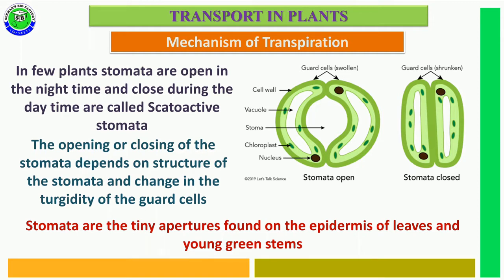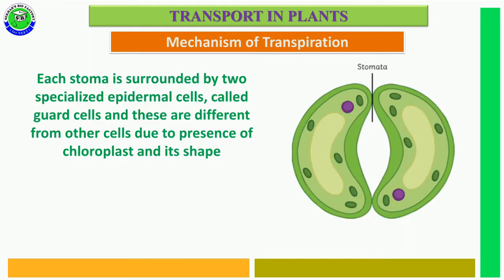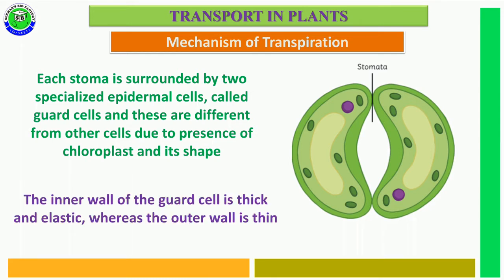They perform transpiration. Each stoma is surrounded by two specialized epidermal cells called guard cells, and these guard cells differ from other epidermal cells due to the presence of chloroplast, along with their structure and shape. The inner wall of the guard cell is thick and elastic, whereas the outer wall is thin.